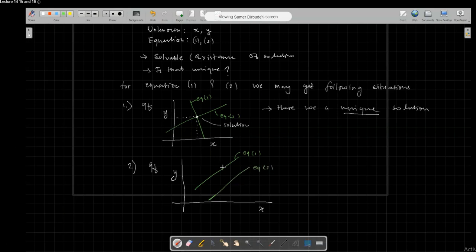Now in this case they do not intersect. So here, in this case, we have no solution.